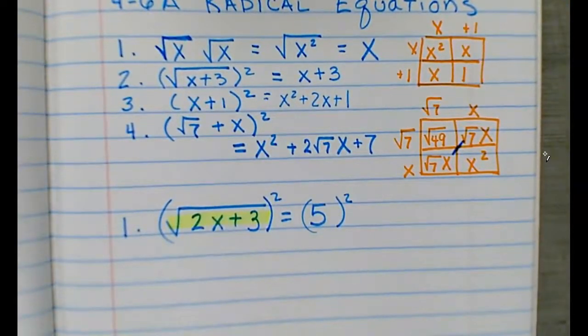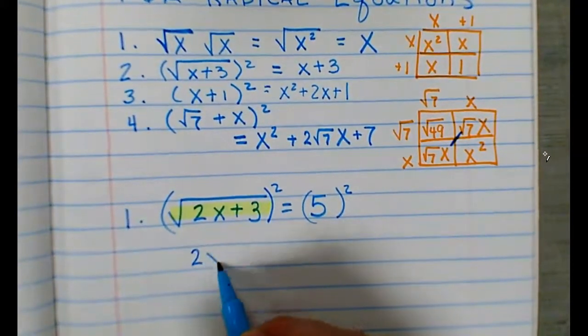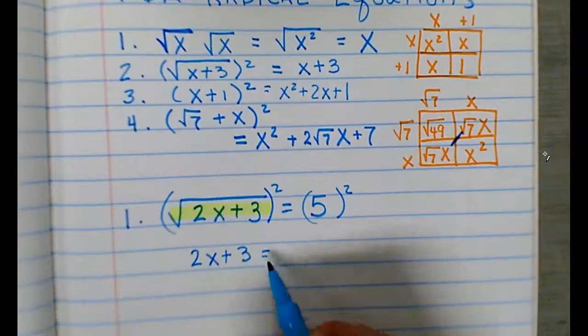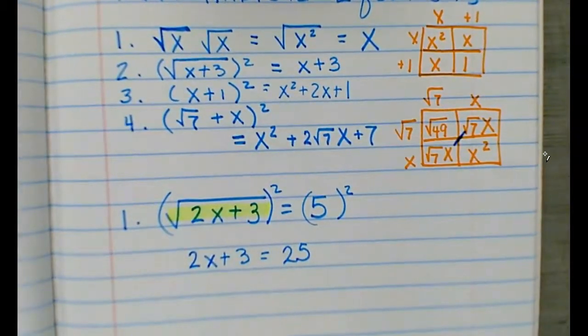Why would we square both sides? Because the square and the square root are going to cancel each other out. And so we square both sides and we get 2x plus 3 equals 25.